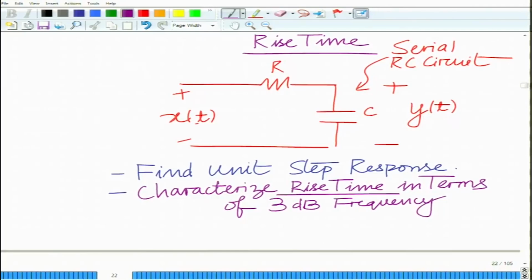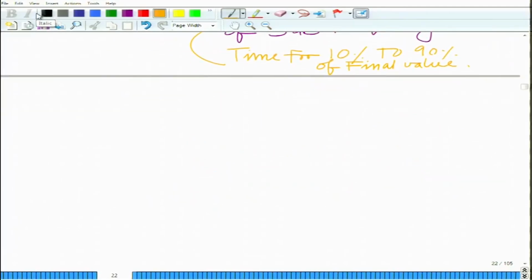Now, rise time is basically the time taken to go from 10% to 90%. So, the time taken for the capacitor output to go from 10% to 90% of its final value, that is termed as the rise time of this serial RC circuit. Okay. So, now let us approach this problem.